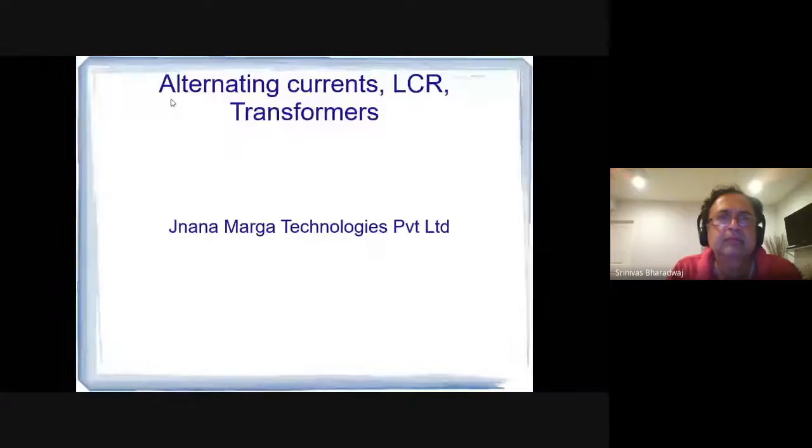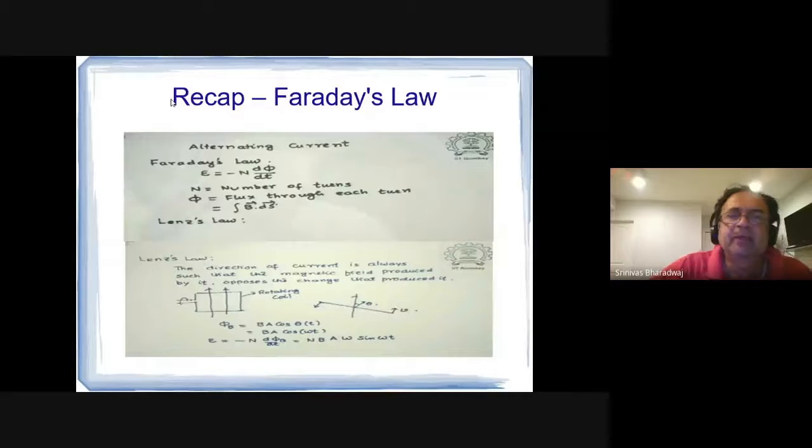Okay, so with respect to alternating current, we looked at B dot dA equals flux equals phi, and then we had phi equals BA cos theta of t.